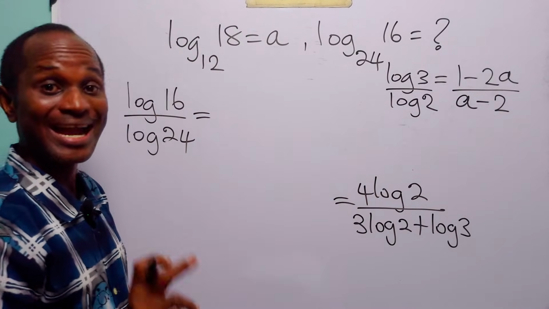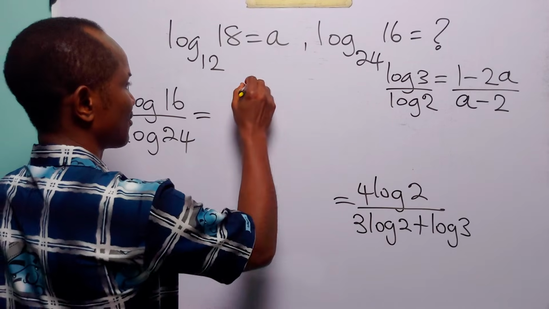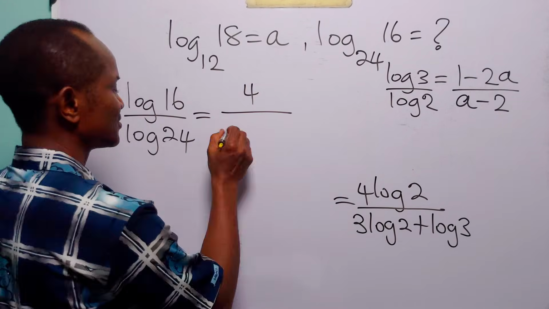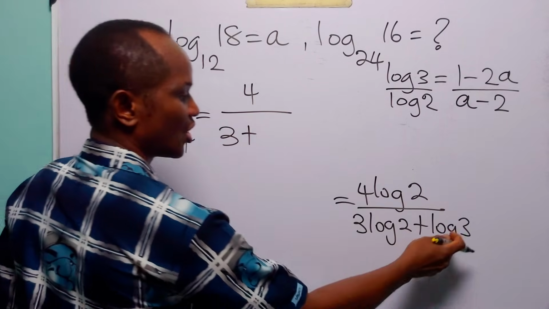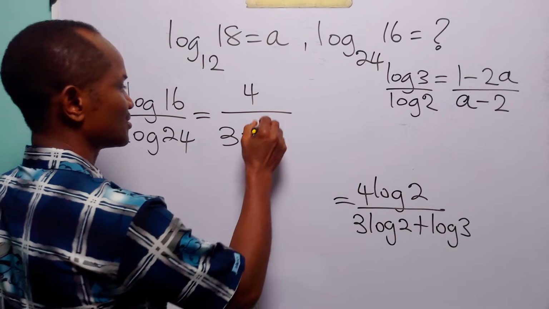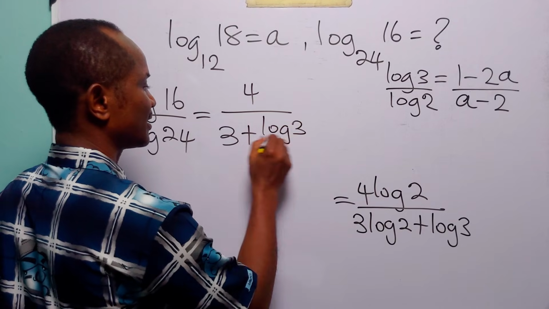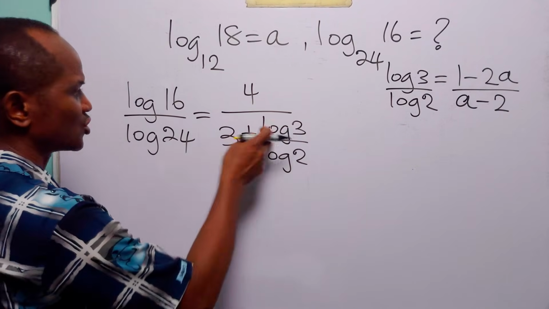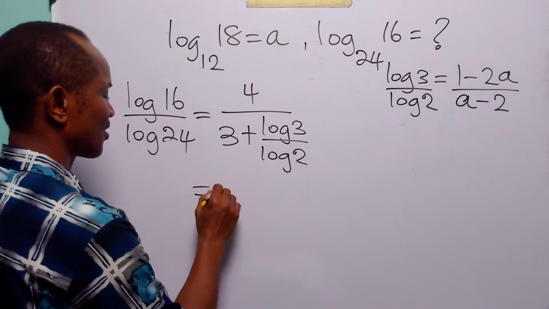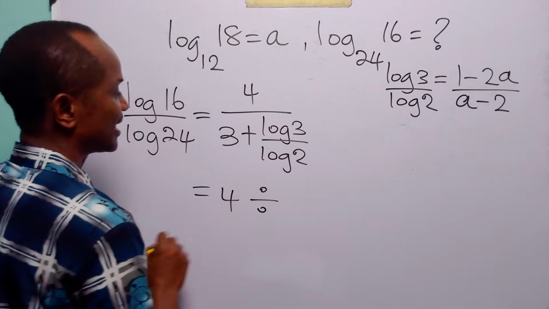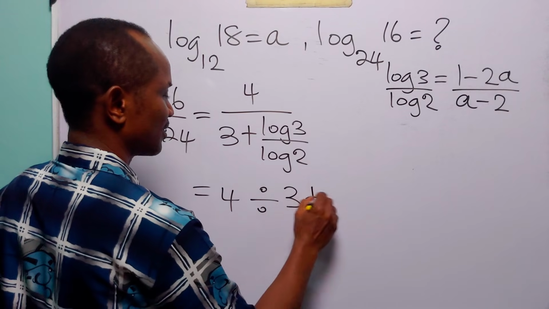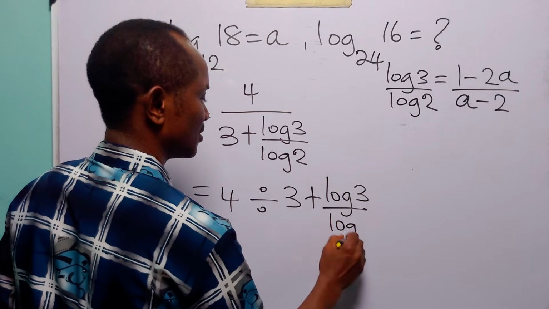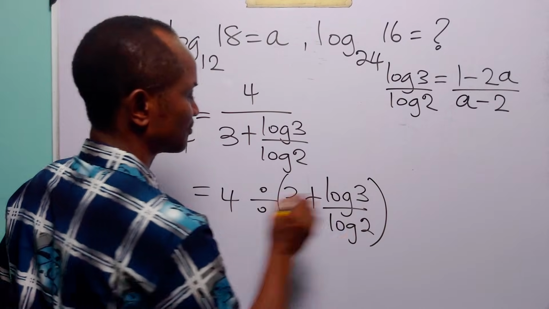4 log 2 divided by log 2 is going to give us 4. 3 log 2 divided by log 2 is going to give us 3. Log 3 divided by log 2 is going to give us log 3 over log 2. And of course, you know that we can write this as 4 divided by 3 plus log 3 over log 2.